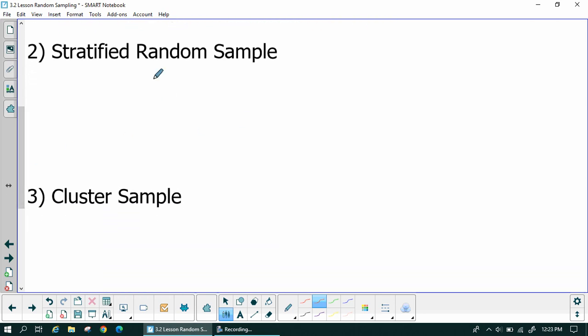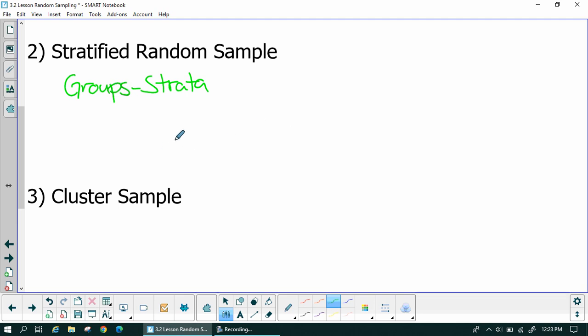A stratified random sample, we're going to do some simple random sampling, but we're going to do something first. We're going to break them up into groups. And those groups have a name called strata for stratified. And we're going to break them up in a way such that each group has a characteristic in common.